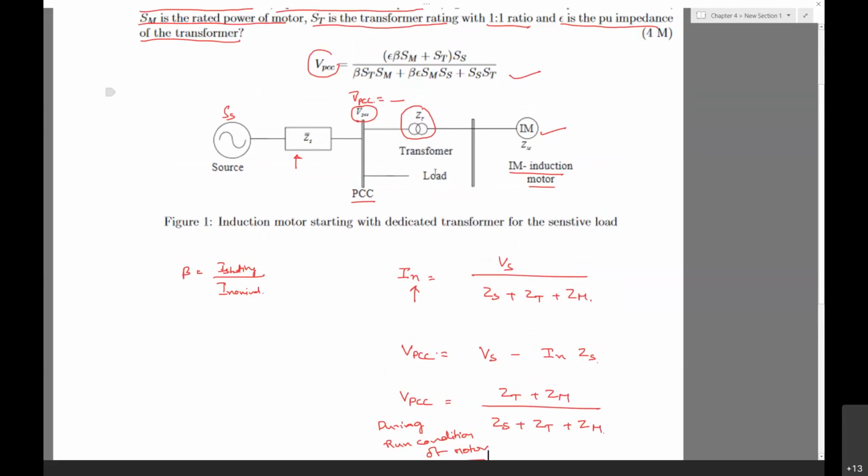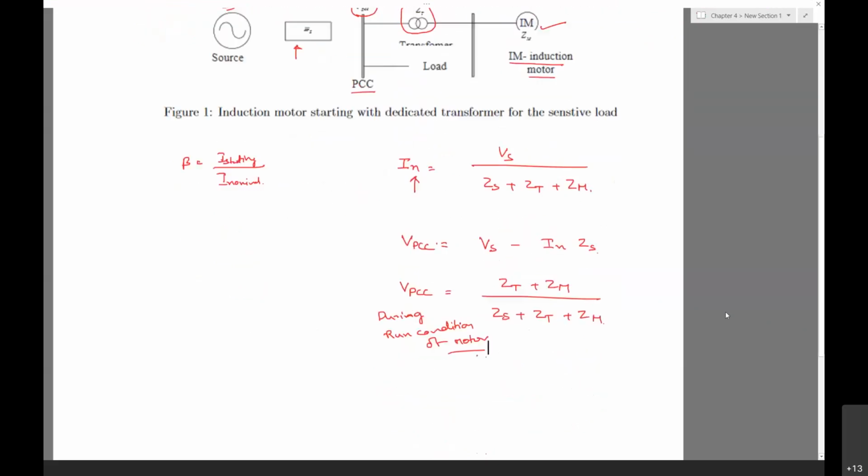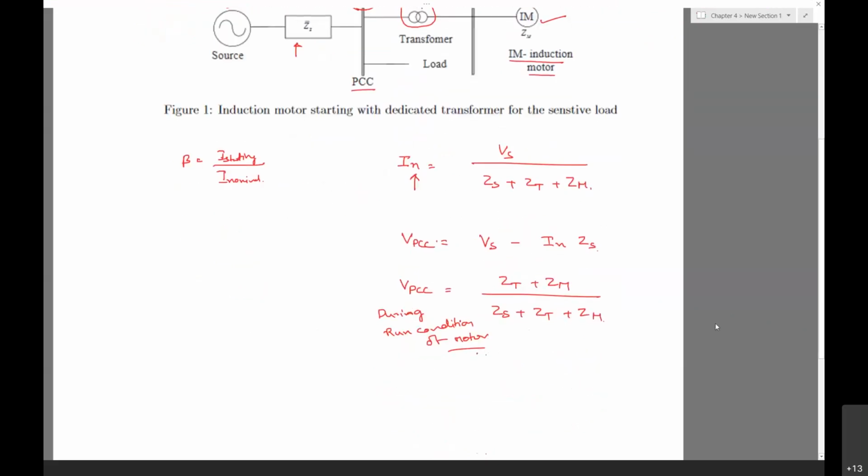We can try to make out this equation by expressing it with respect to the nominal voltage.